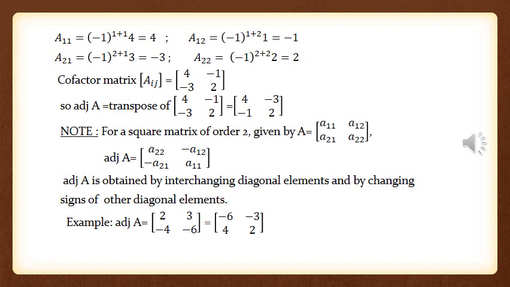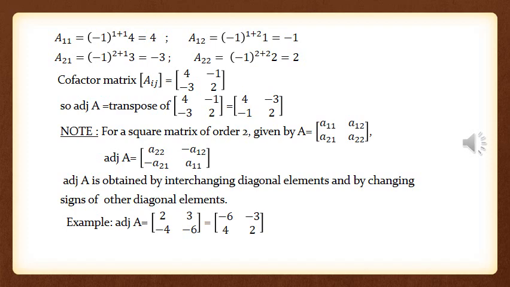If you observe, it is easy to understand the trick of writing adjoint of a 2 by 2 matrix. Actually, how did we get it? You just interchange the diagonal elements and then change the sign of the other diagonal elements. That way we can find adjoint of a 2 by 2 matrix.